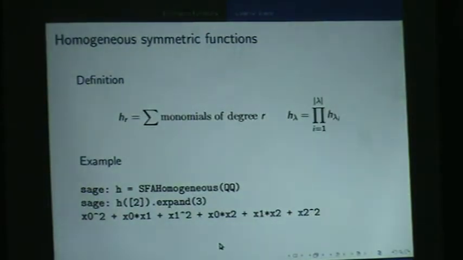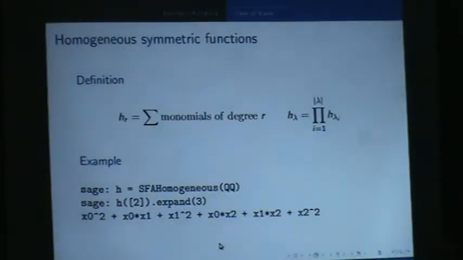The next basis for the symmetric functions are the homogeneous symmetric functions, which you get by adding up all the monomials of degree r. And like before, this is a multiplicative basis, so you get h sub lambda by just multiplying all the corresponding parts together.